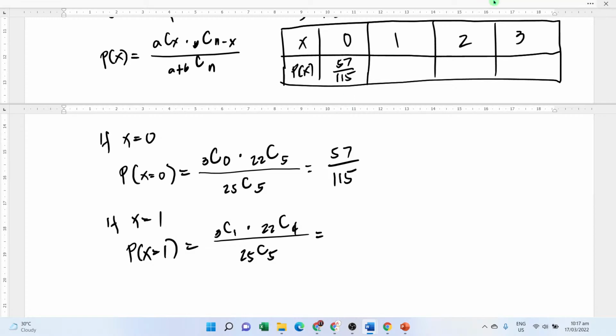Let me use my calculator for a while. So we have 3 combination 1, okay? And then 22 combination 4 over 25 combination 5. Do you have an answer? Anyone?